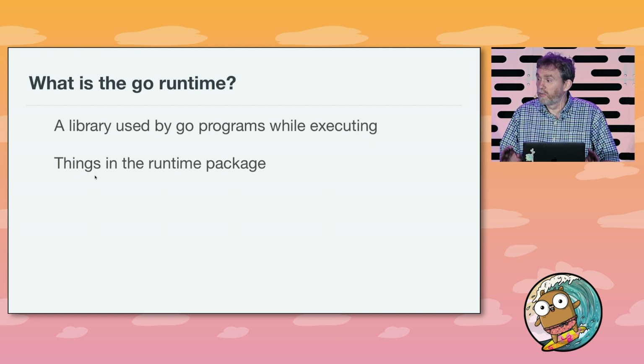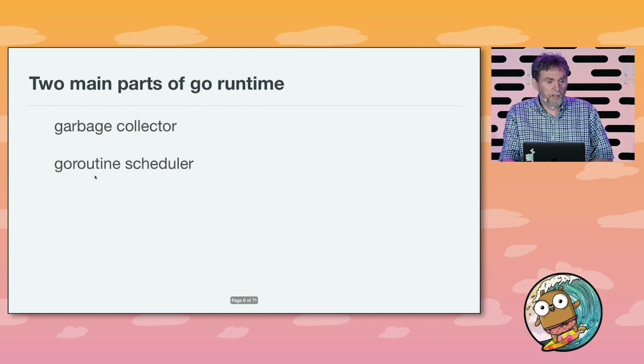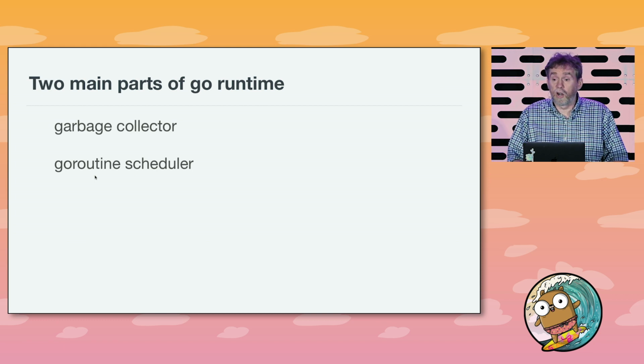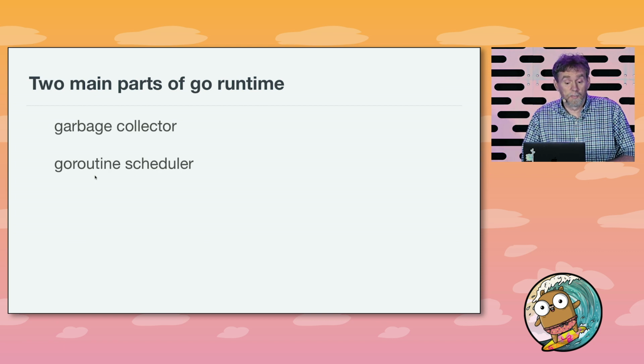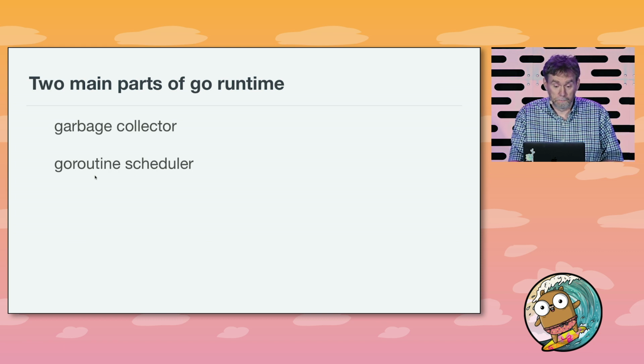That's the sort of stuff that I want to talk about. That's what the Go runtime is. There are two main parts to it. There's the garbage collector, the part of the runtime that manages memory for you. And there's the Go routine scheduler that decides when and where and how those snazzy little Go routines will run.